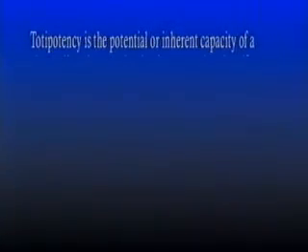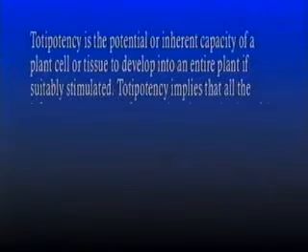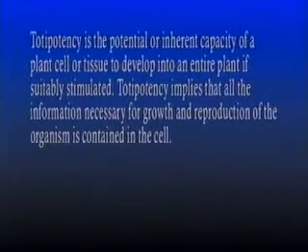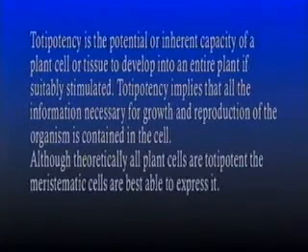The idea of plant tissue culture goes back to the turn of the century when a German scientist put forward the theory of cell totipotency. Totipotency is the potential or inherent capacity of a plant cell or tissue to develop into an entire plant if suitably stimulated.